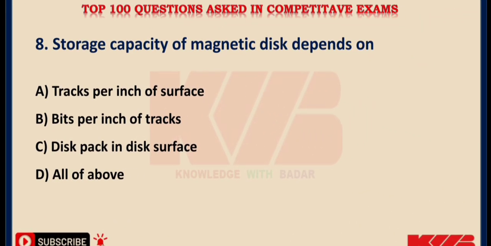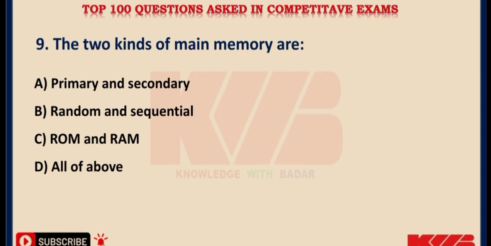The next question. Storage capacity of a magnetic disk depends on tracks per inch of the surface, bits per inch of tracks, disk pack in disk surface, or all of the above. And the correct answer is all of the above. The next question. The two kinds of main memory are primary and secondary, random and sequential, ROM and RAM, all of the above.